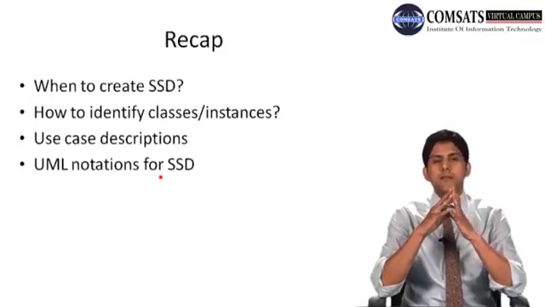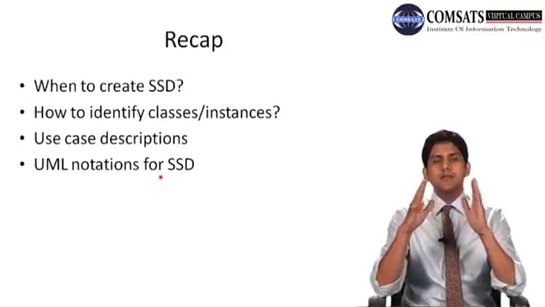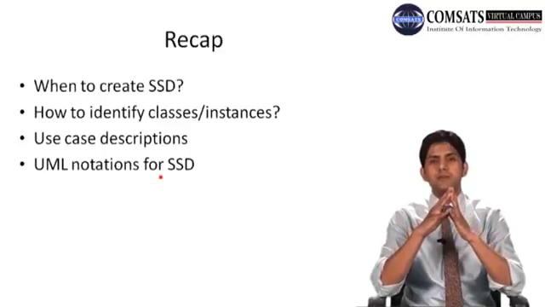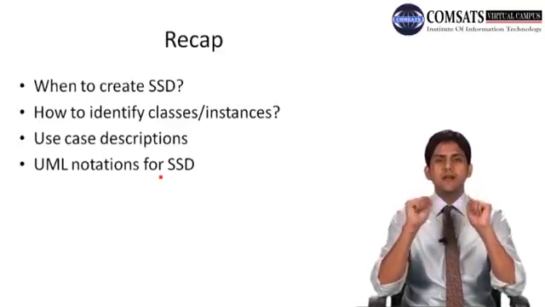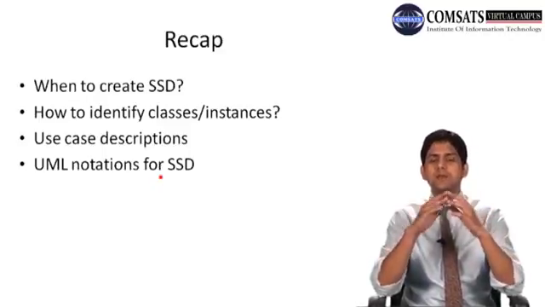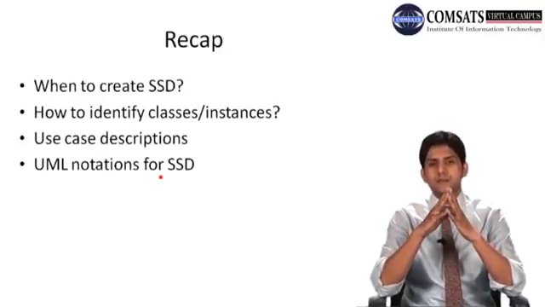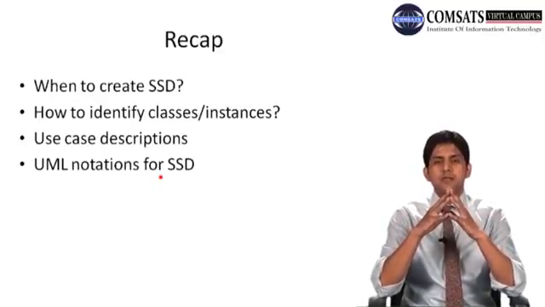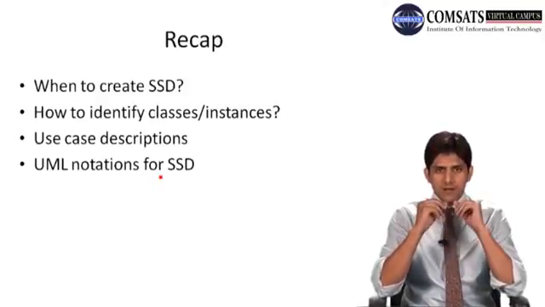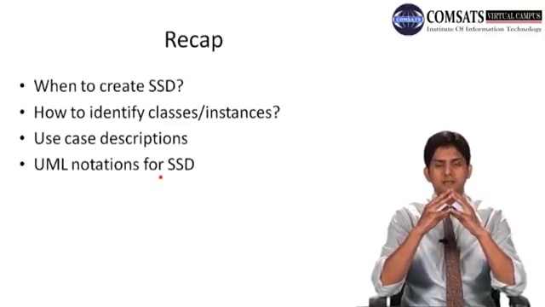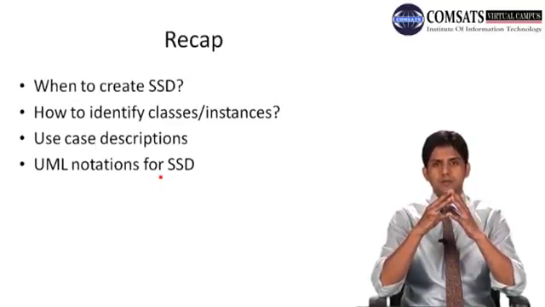The ideal place would be somewhere between use case diagrams and class diagrams, or they are a bridge between use case diagrams and class diagrams, because as we saw in the previous lecture, a system sequence diagram consists of objects and the messages or the interaction between different objects.